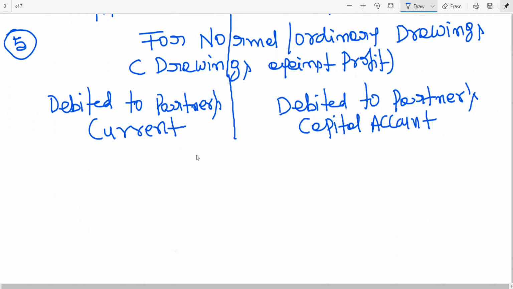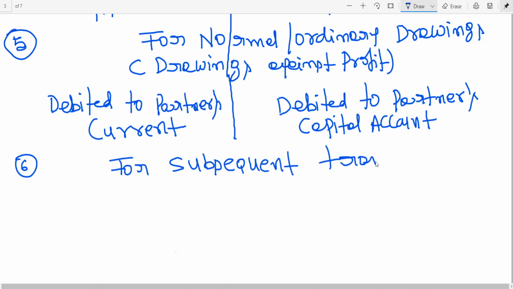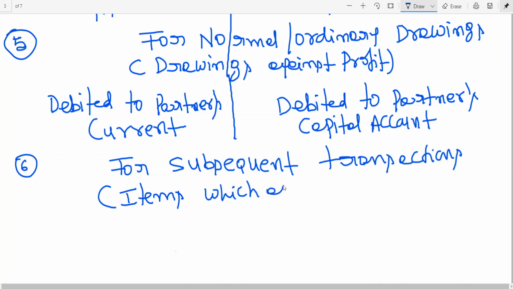The next one, the sixth point: for subsequent transactions, items which appear in the P&L appropriation account.